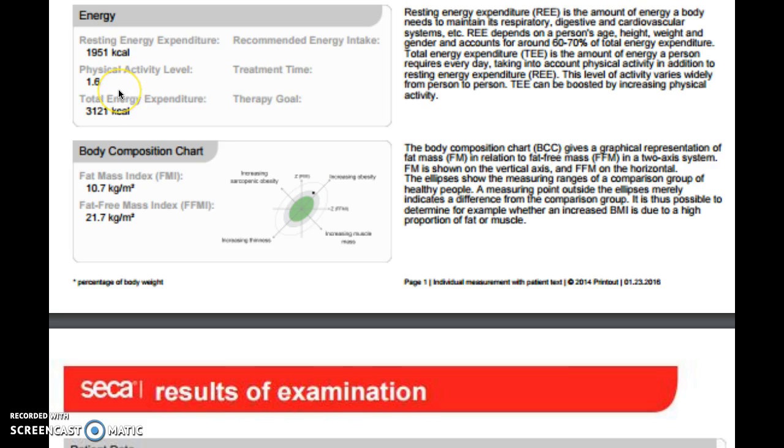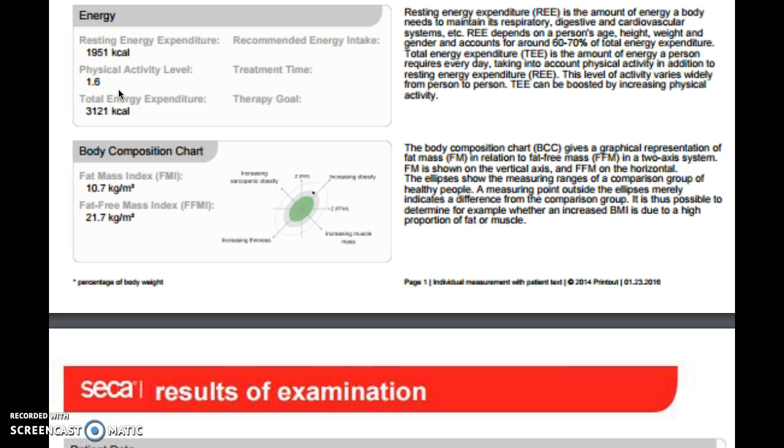The second line below that says physical activity level. If you remember when you got scanned, you had to select an activity level based on how you spend roughly 80 to 90% of your day. Was that mainly standing, walking, a mixture of that? In this example, the client selected a 1.6 activity level.